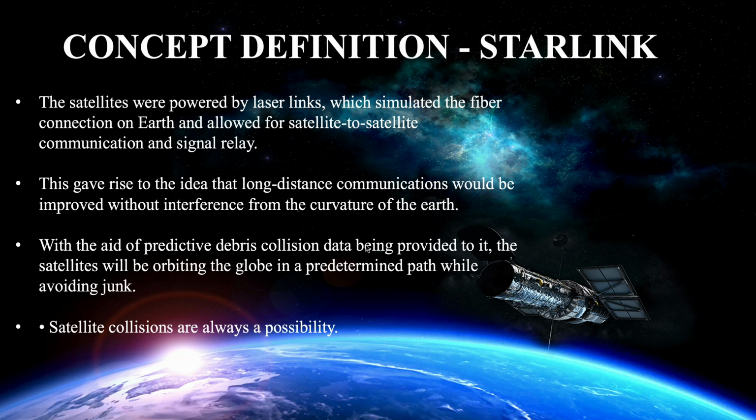They automatically move here and there to avoid obstacles in space. But there is still always a risk of satellite collision, and with the number of satellites being launched, especially by SpaceX, there is also the subject of light pollution. Astronomers say there is a lot of light in space generated by these satellites. There is a risk which we'll talk about in the challenges part.